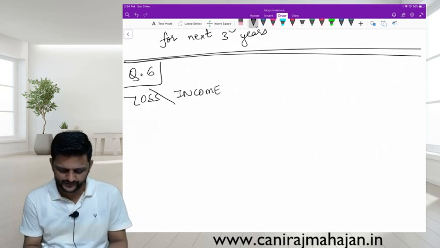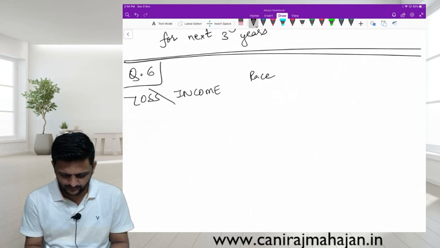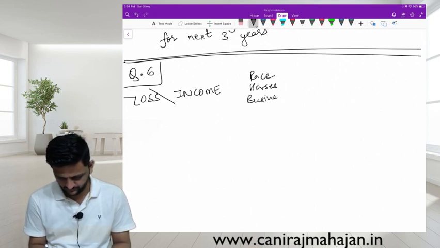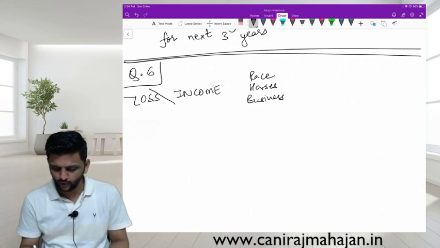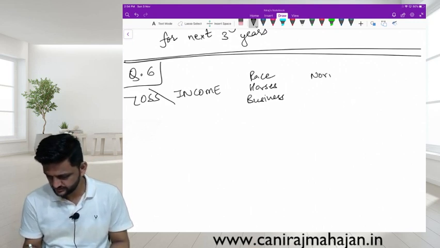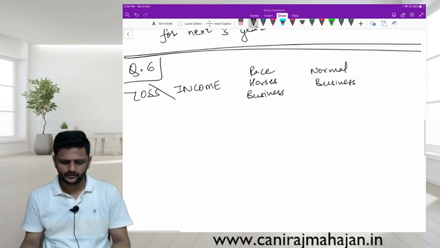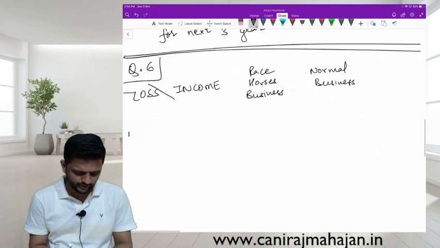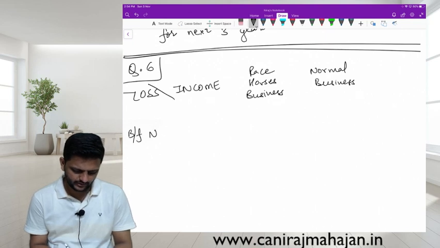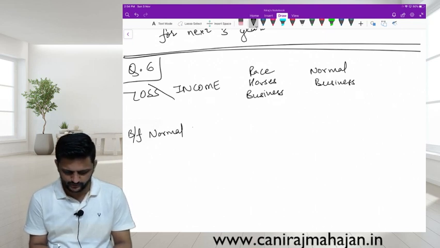What do you have? Race horse business, I'm writing. Then normal business. Then in losses you have brought forward normal business loss.